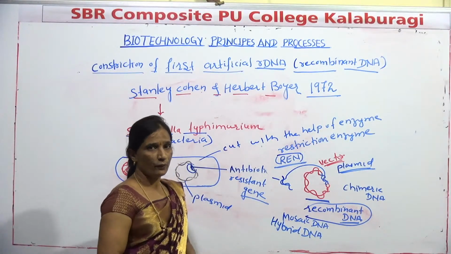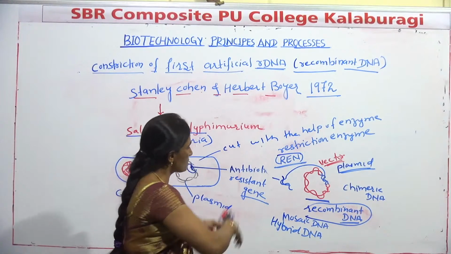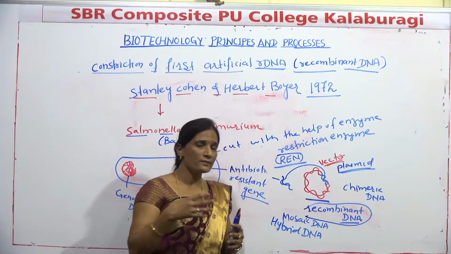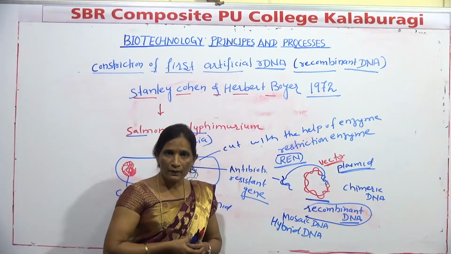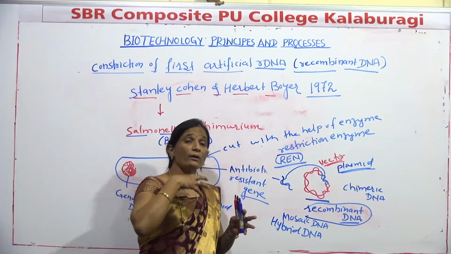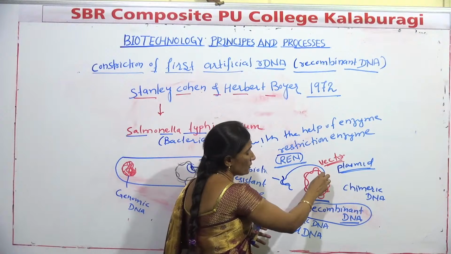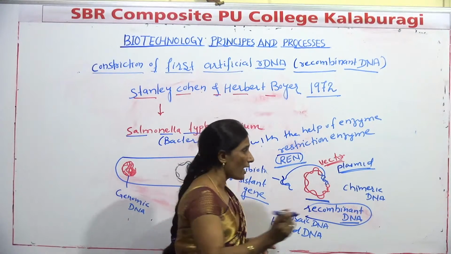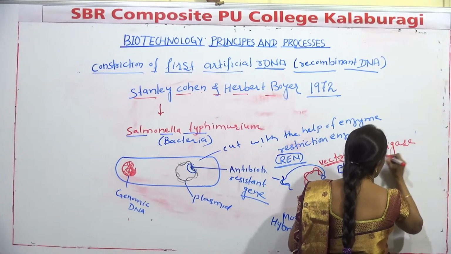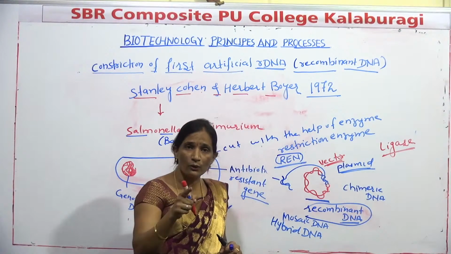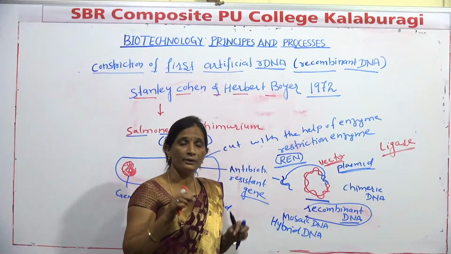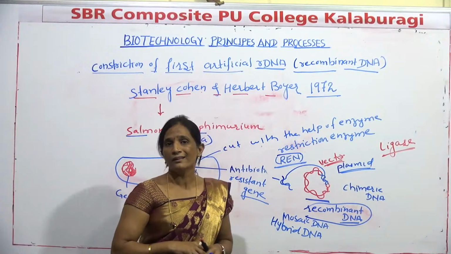One more thing, I forgot to tell you. DNA is cut with the help of the enzyme restriction endonuclease. After cutting the DNA, how are the parts joined? The DNA is joined with the help of the enzyme ligase. Restriction endonuclease cuts the DNA, but the ligase enzyme joins the two sticky ends of the DNA.